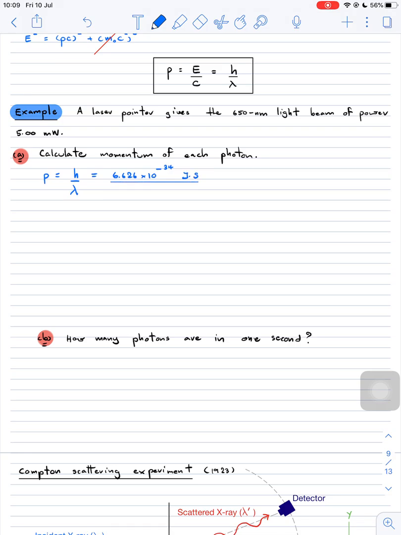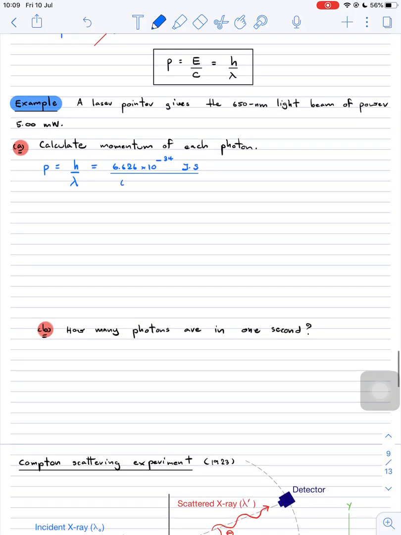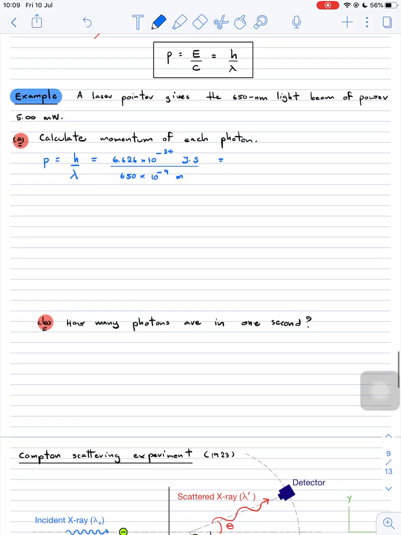For the wavelength, 650 nanometers, we have 650 times 10 to the negative 9 meters. Then finally we get that the momentum is 1.02 times 10 to the negative 27 kilogram meters per second, which is really, really small.